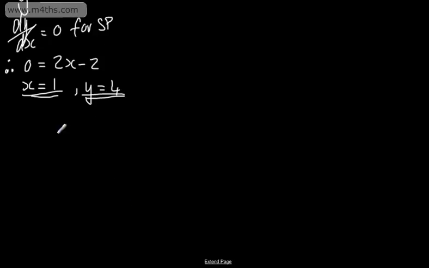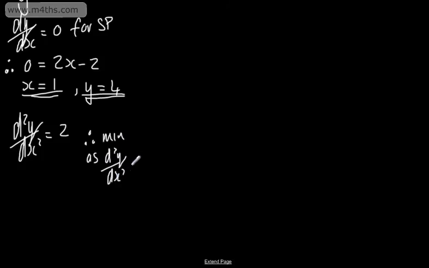Let's now look at determining the nature. d2y by dx squared, the second derivative, is simply going to be the derivative of 2x minus 2. Remember, taking the second derivative, we're differentiating again. That gives us the constant of 2. Therefore, we can say this is a minimum as the second derivative d2y by dx squared is greater than 0.